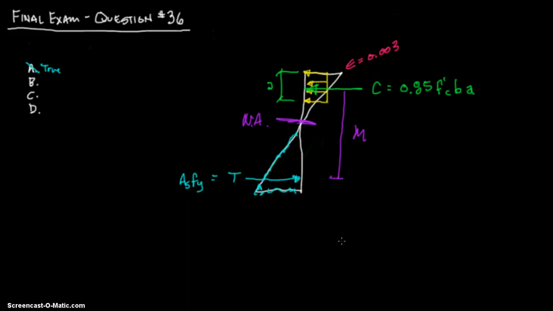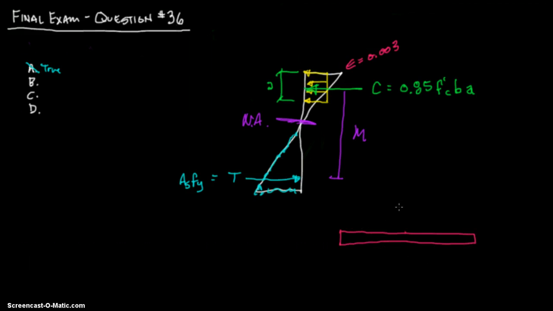And here's another quick thought process of it. You have a beam, and if the concrete crushes, the steel will just buckle, and you'll fail. It'll be a catastrophic failure.